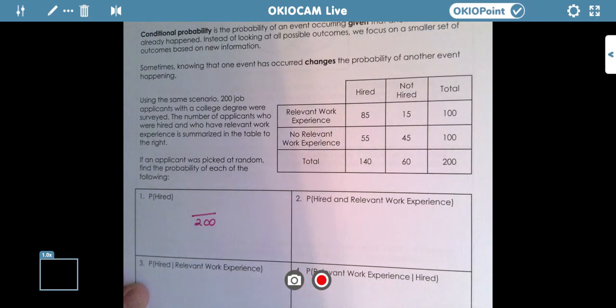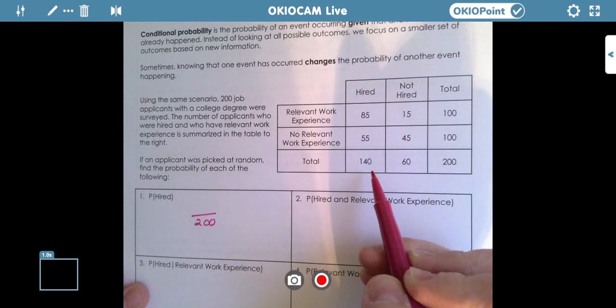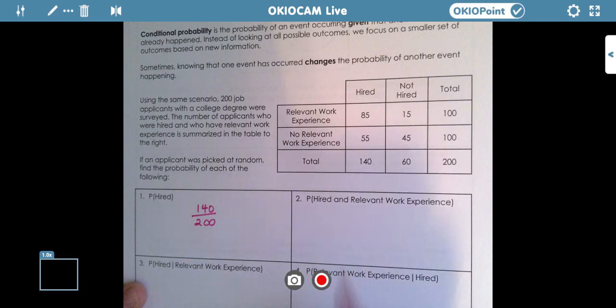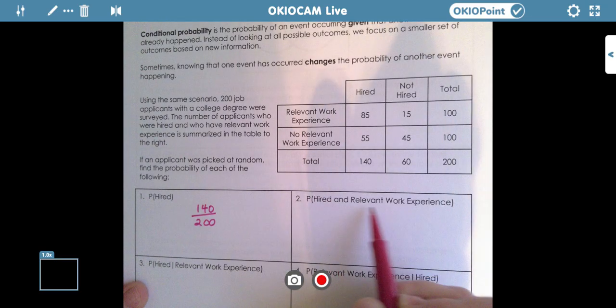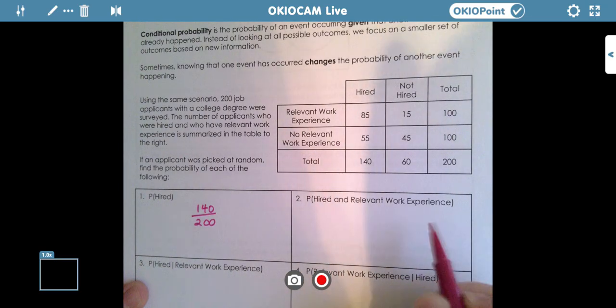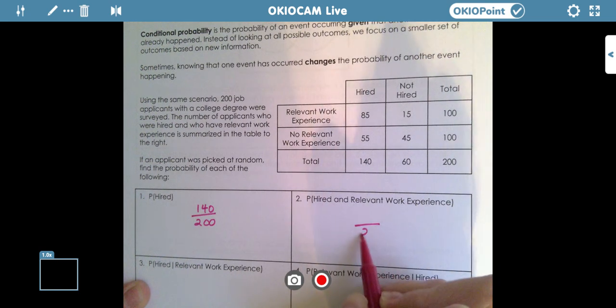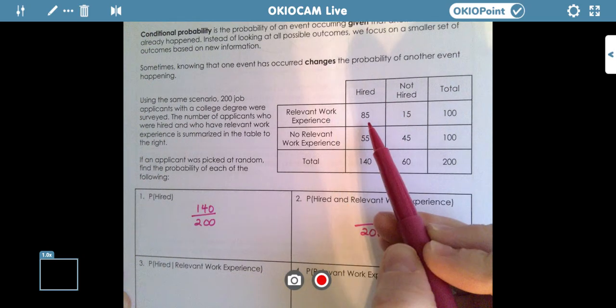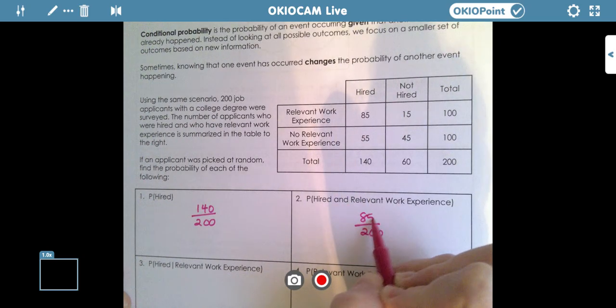There were 200 total applicants, and those who got hired total 140. What's the probability of being hired and having relevant work experience? That's again out of our 200 total, and hired and relevant work experience lines up there at 85.